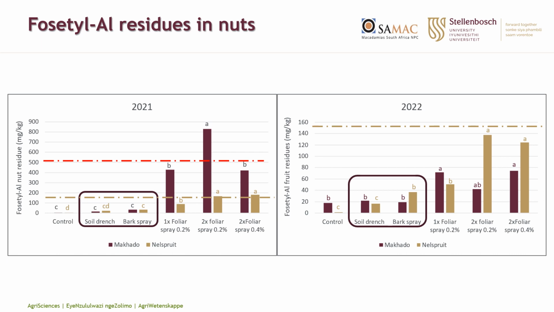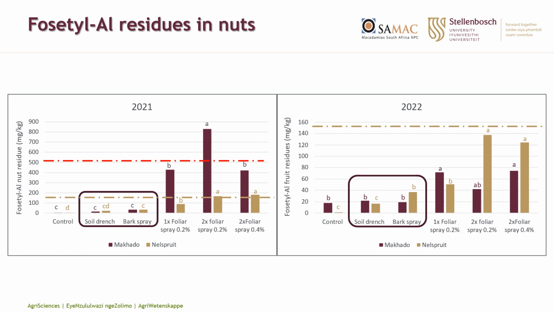Nonetheless, in both of the years, one can see that the nut residues basically reflected what we measured in the roots. But specifically beneficial was that in both years the soil drench and the bark spray yielded the lowest residues, and therefore the current recommendation is to rather use bark sprays because it reduces the residues in the nuts compared to foliar sprays.